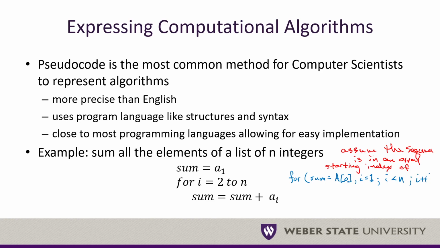I'd add in the summation in that part, but I don't have enough room, so instead I'll just do sum plus equal a sub i. Ta-da! In fact, you could do it all with just one for statement by moving this part after this semicolon over on the right-hand side, right before the i++, just separate them by commas and you're all set.